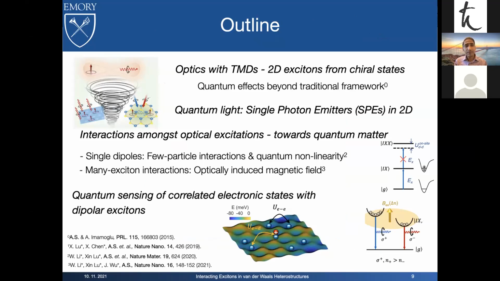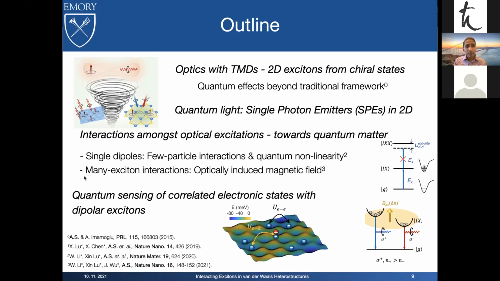So that brings me to the outline of today's talk. I'm going to first give you a very quick introduction to the optics of TMDs, why, in my opinion, this material is different from other, traditional semiconductors. Then I'll talk about quantum emitters or single photon emitters in this material, and then switch to the interactions between such optical excitations. In particular, I'll give you two results. The first one is about few-body interaction in these dipolar excitons, where we see some kind of quantum nonlinearity.